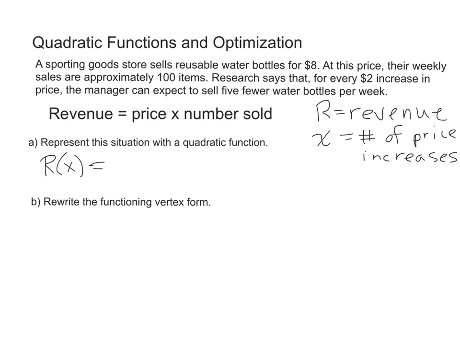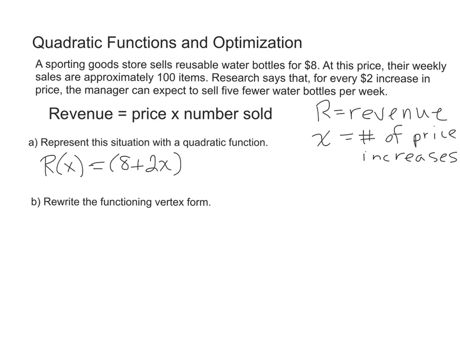And we already know that revenue is price multiplied by the number sold. So what's the price? $8. It starts out as $8. But then what happens to the price as you change it? It increases, right? It increases by $2 each time. So it's going to be plus 2x.